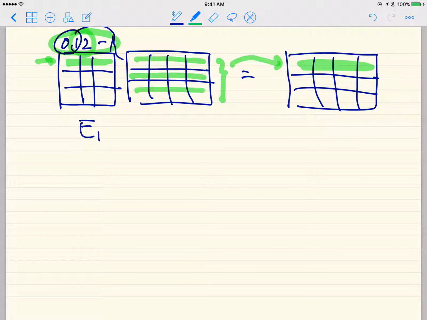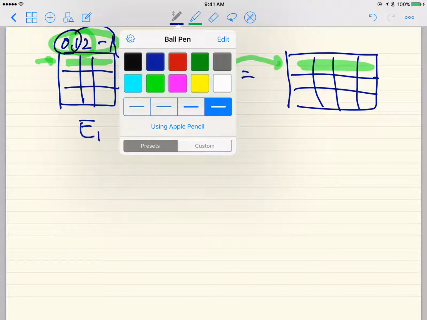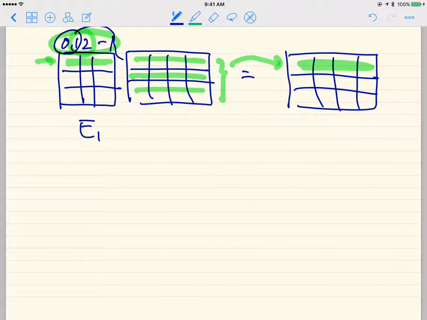Okay, so now we think about 3 different kinds of row reduction, right? So we have 3 possible row reductions. The first one is interchanging between rows, then scaling a particular row, and row replacement is the last one.